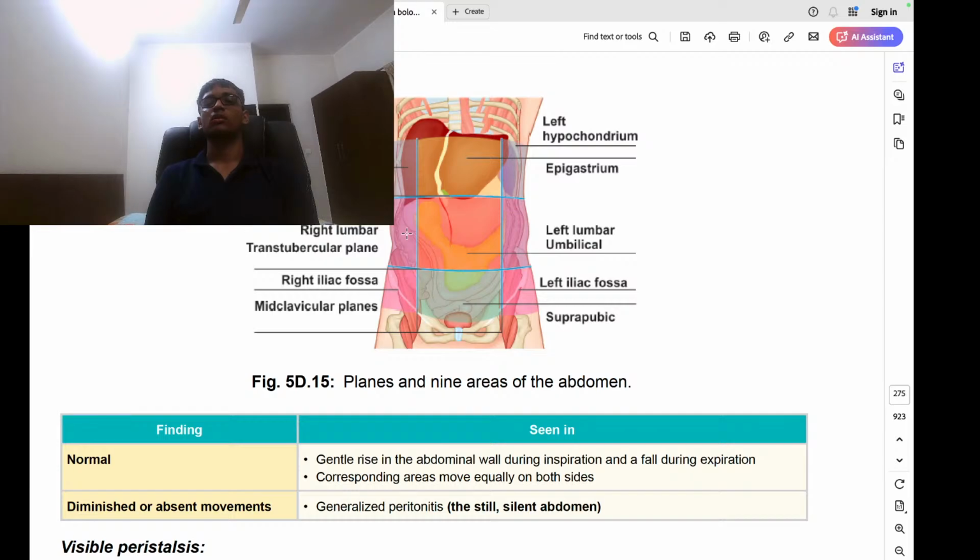Then right iliac fossa, suprapubic, left iliac fossa.